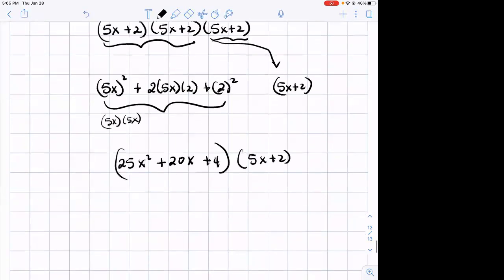Now if you multiply the 5x times every single thing in here, what do we get? 5x times 25 is 125x cubed. 5x times the 20 becomes plus 100x squared, and 5x times 4 becomes plus 20x.